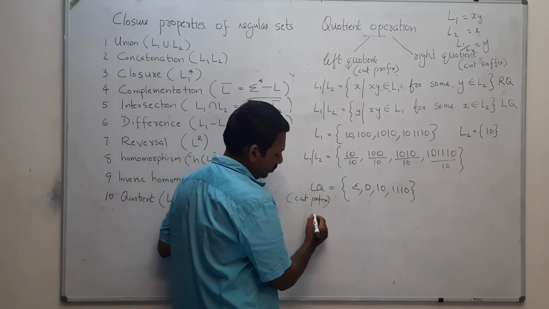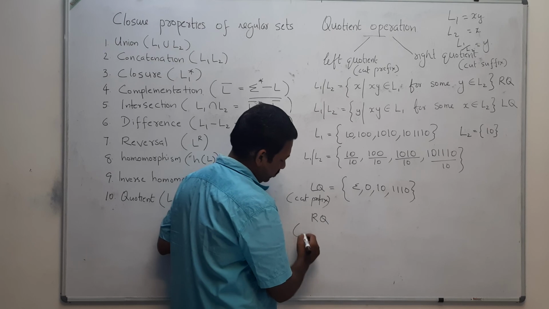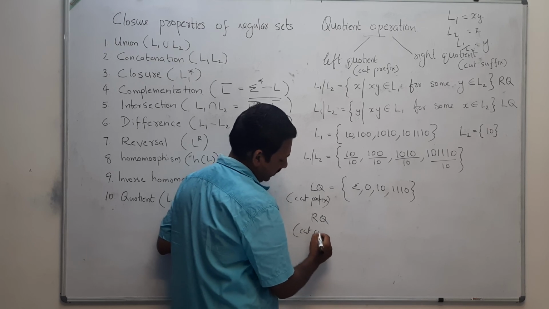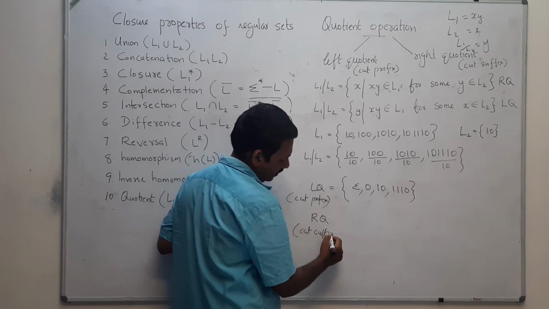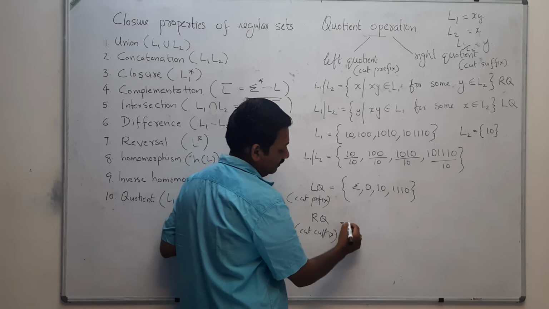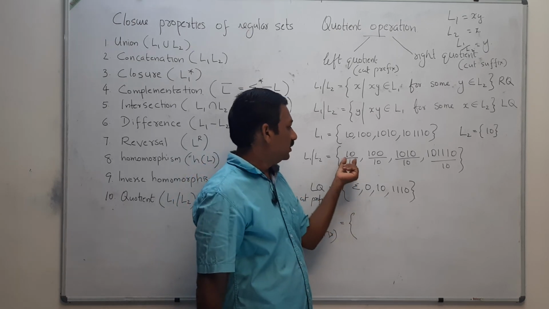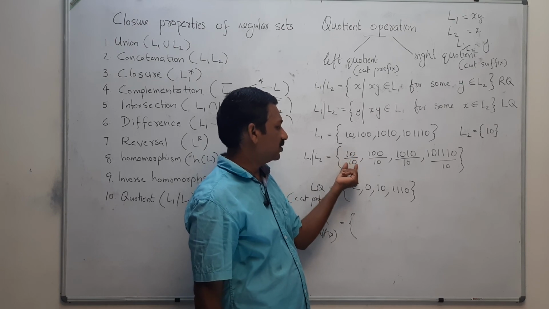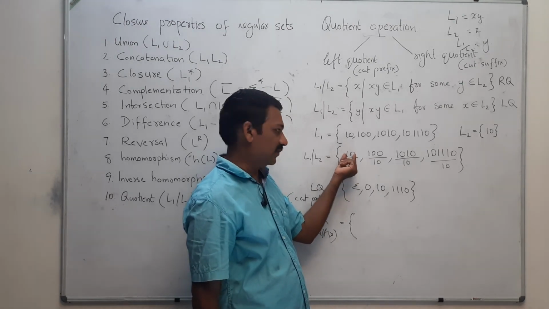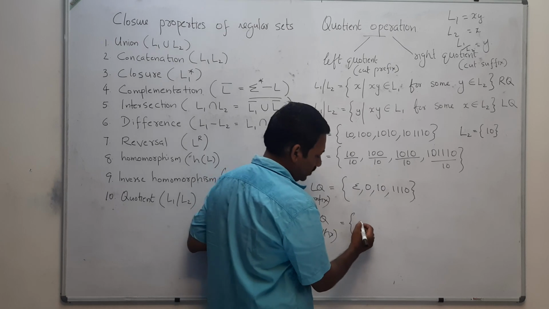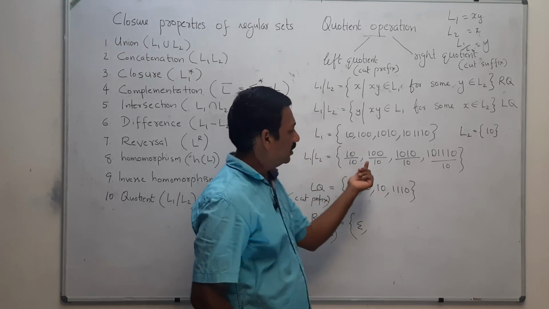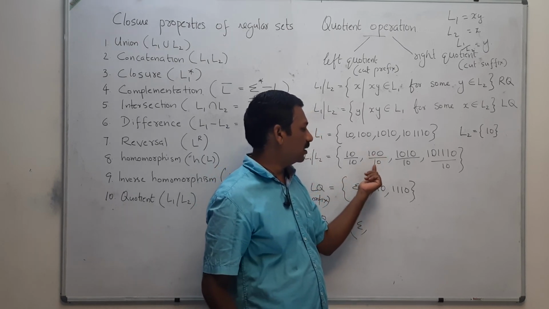And what is the right quotient? Right quotient means cut the suffix. This is 10 by 10, where 10 is the suffix as well as the prefix. When you do that operation, again epsilon. But here it is 100 and here it is 10.